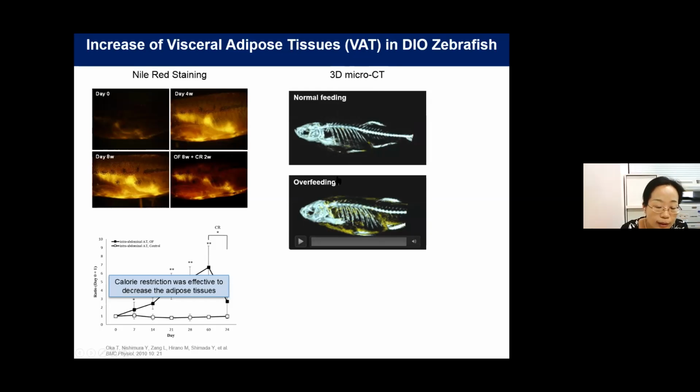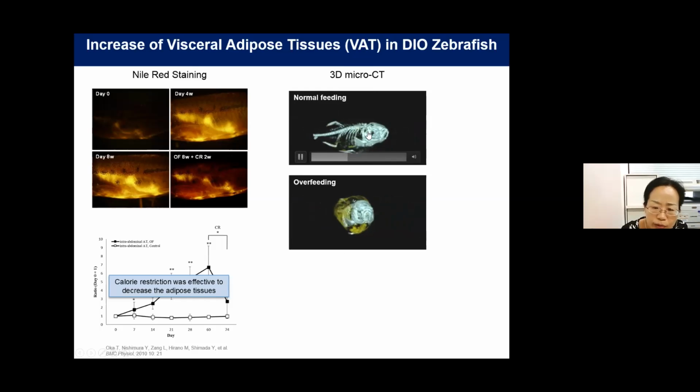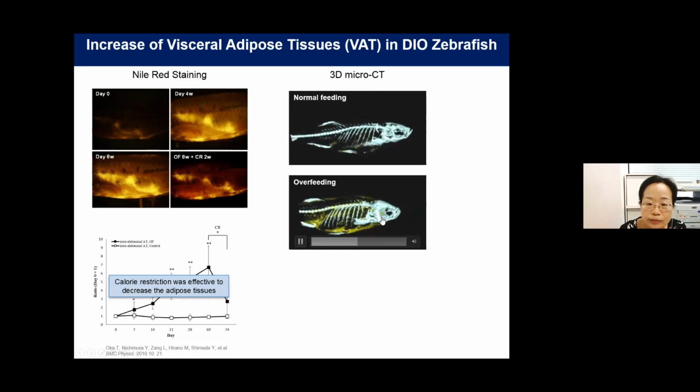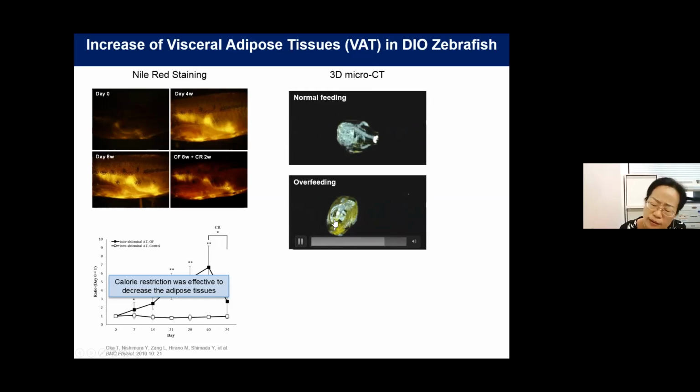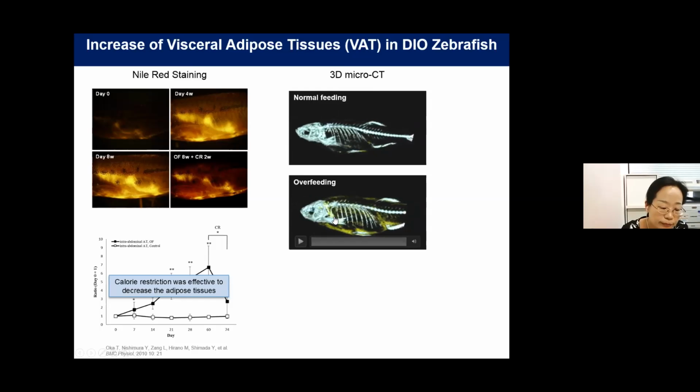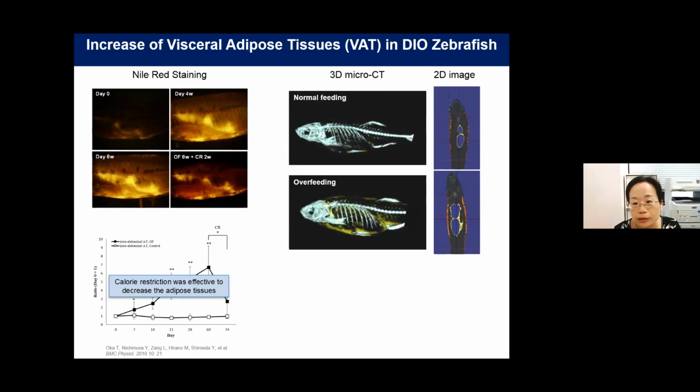These are the 3D micro-CT analysis. The gray color indicates bone, and the yellow color indicates the adipose tissues. These are the 2D images after the software analysis.